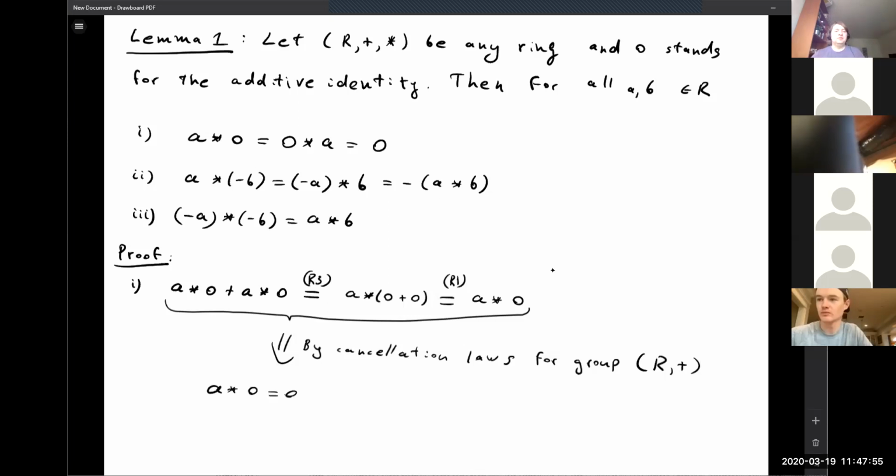Now, the most interesting part of this proof is, of course, how we apply the defining properties of a ring.